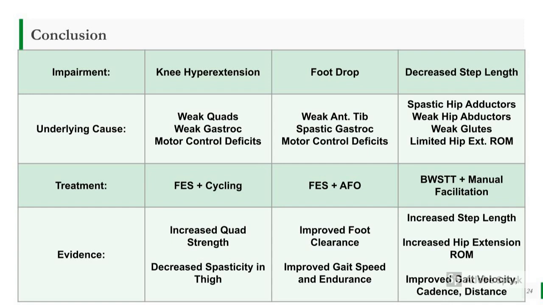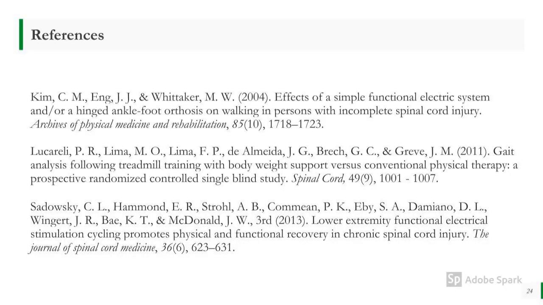Finally, we chose to treat the patient's impaired step length, which could have been caused by spasticity and scissoring gait, weak glute med and max, and limited hip extension through bodyweight supported treadmill training with manual facilitation from a physical therapist to control spasticity, in order to achieve improvements to step length and hip extension range of motion and overall secondary gait outcomes. And this concludes our presentation.